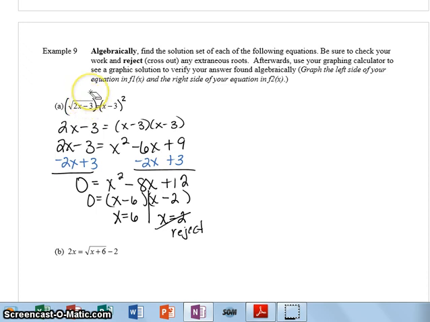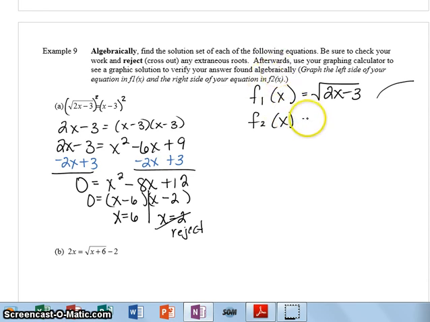So what you could do in your graphing calculator, pay attention here. So in f1 of x, you're going to put in your square root of 2x minus 3, graph that. You know that that's your little square root hill. Okay, and then in f2 of x, and guys, I'm just kind of rewriting what's already here, you're going to put in your x minus 3, which you know is a linear line, and then you're seeing where they intersect, okay?